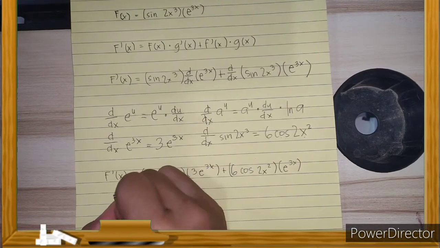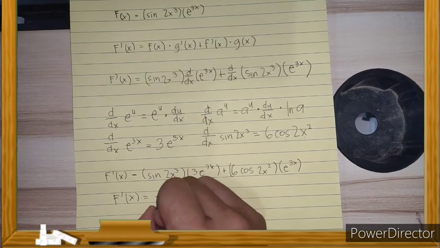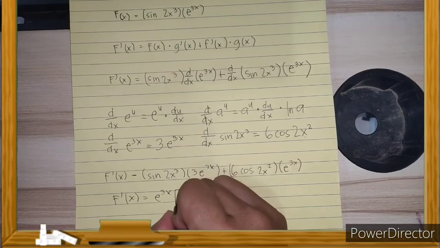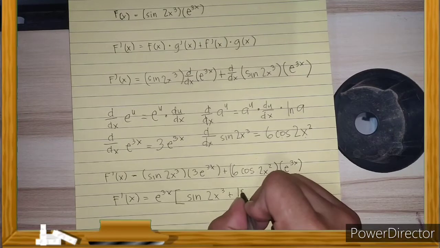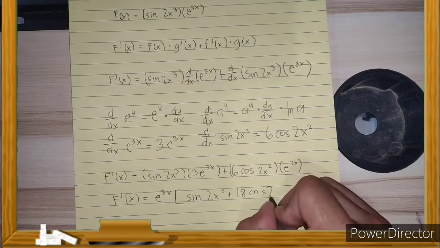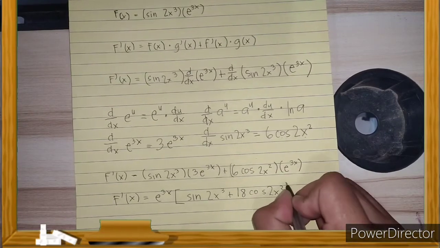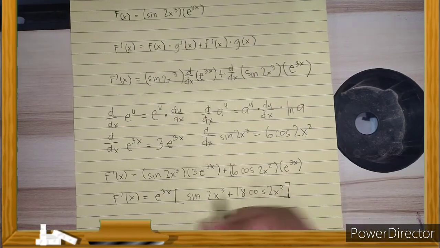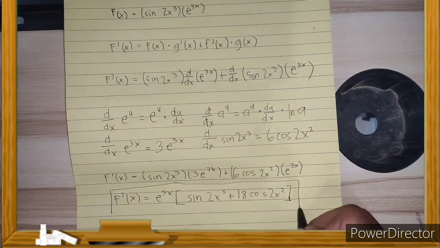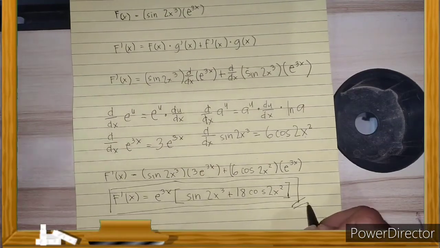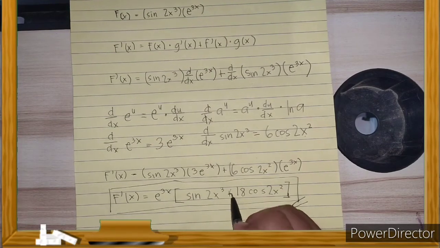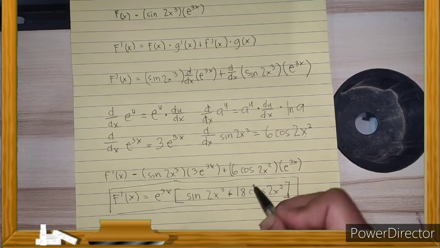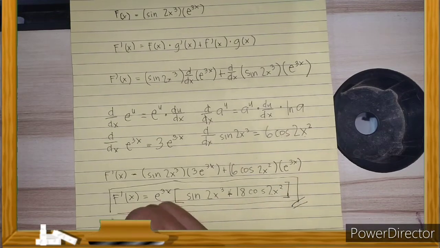So our final answer will be, we need to copy the sine of x cubed and then the plus sign, and then 3 times 6 is equal to 18, and then copy cosine of x squared. So this is our final answer.